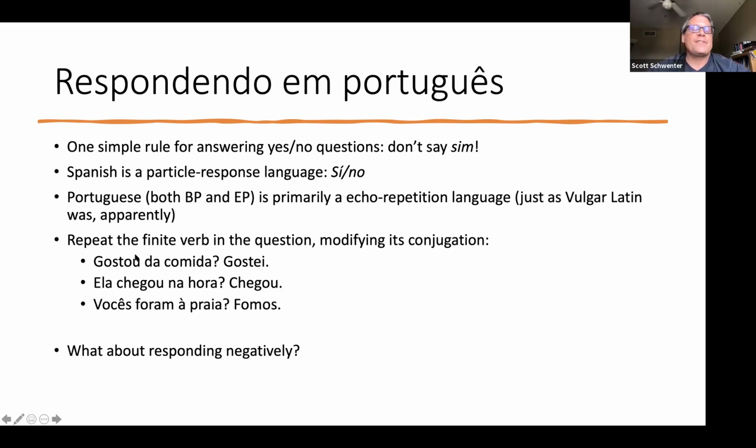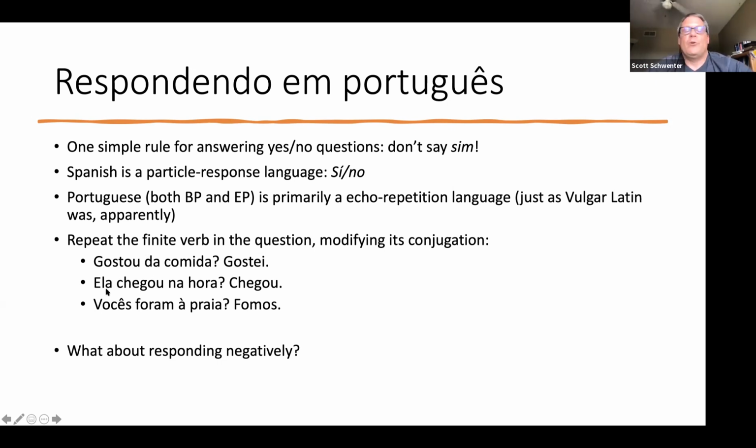So if someone asks me, gostou da comida, did you like the food? I would just say, gostei, I liked. I took the verb gostou, which is from gostar, which is like gustar, and then I changed it to first person singular and I say gostei.